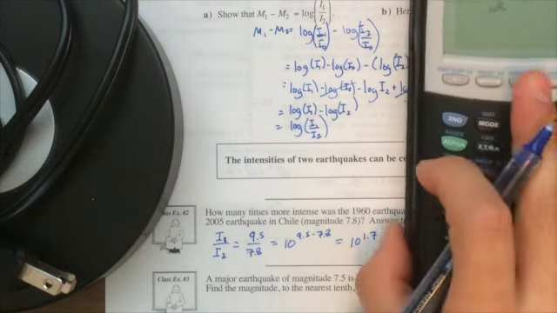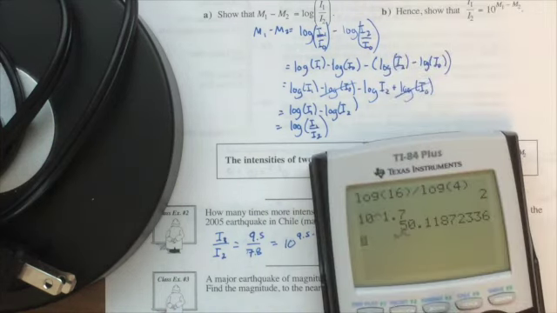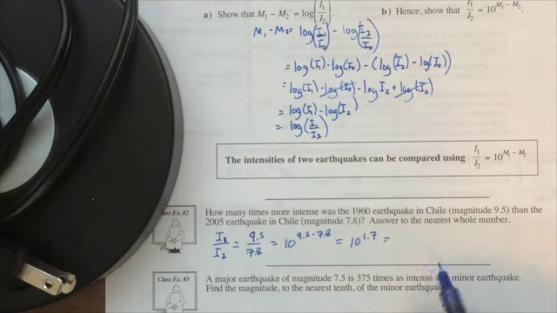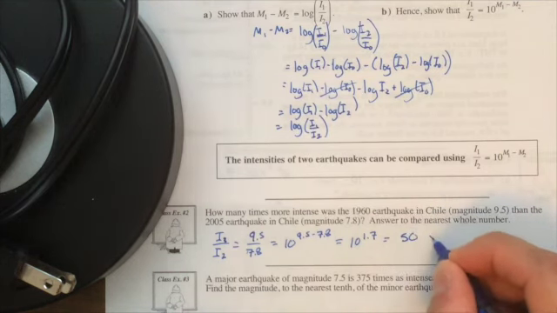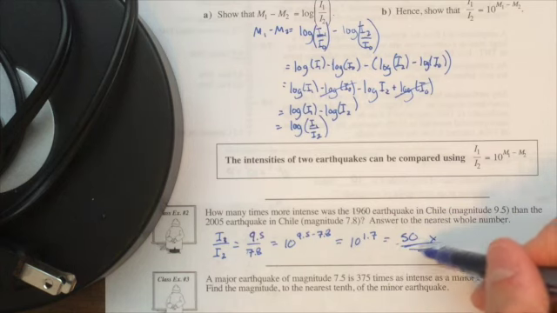And if I raise 10 to the 1.7, that's going to be 50.11, and we're rounding to the nearest whole number, so it's going to be 50 times more intense.